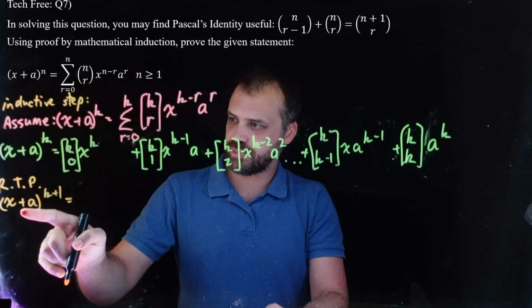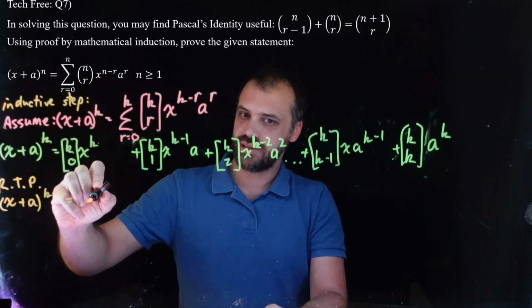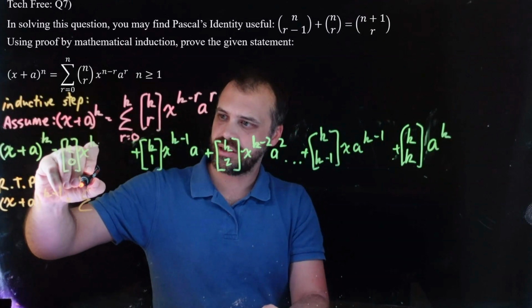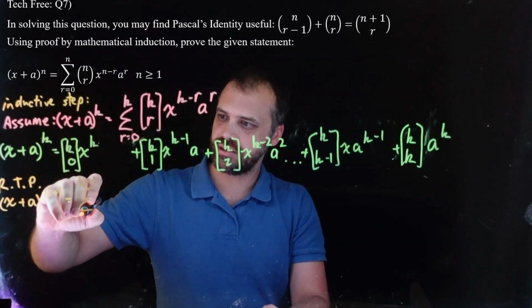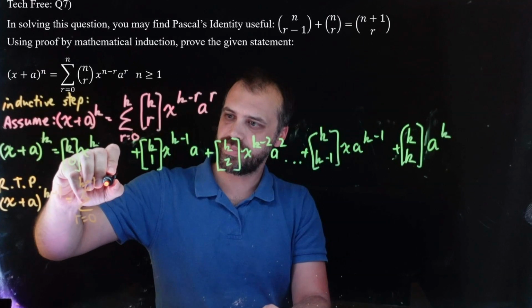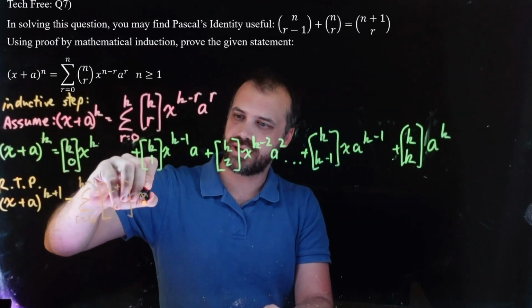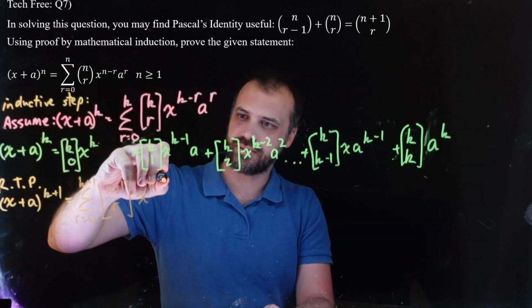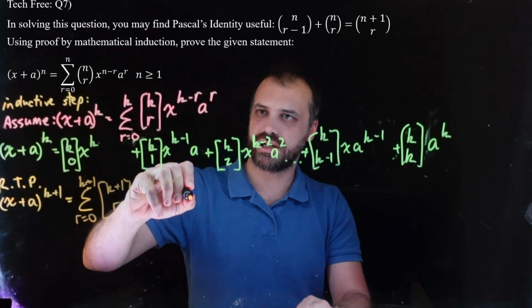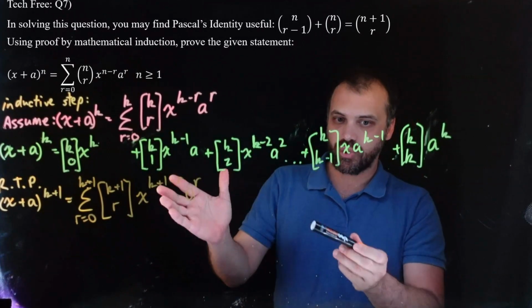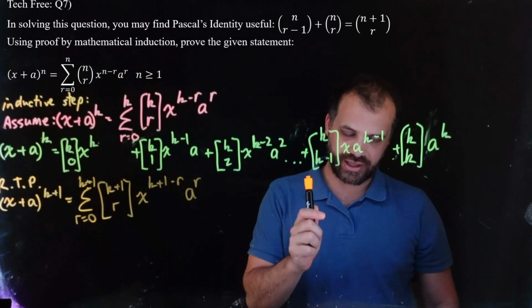So we're saying x plus a to the k plus 1 is equal to, and then we use our sigma notation from up here, the sum from r equals 0 to k plus 1 of k plus 1 choose r, x to the k plus 1 minus r, a to the r. All right, so that's what we need to prove.